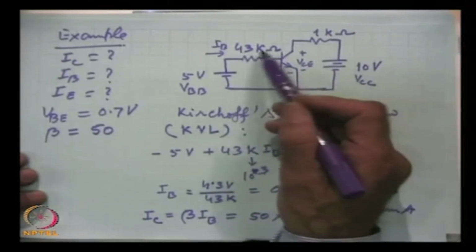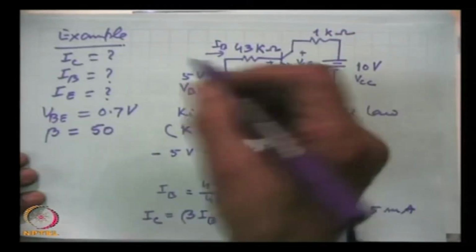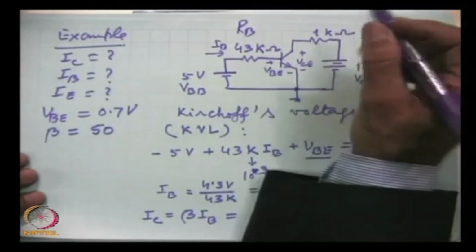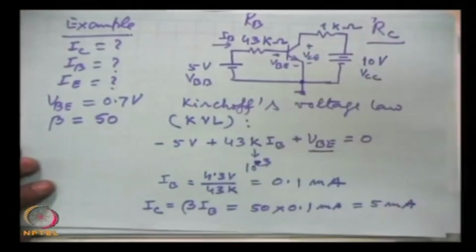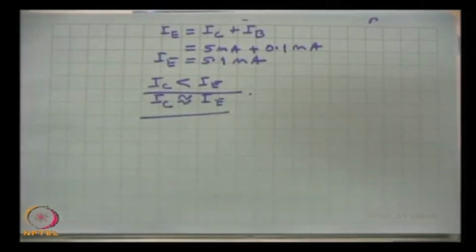Here this was the base resistance, normally written as RB, and this was the collector resistance, written as RC, and what batteries are used in the circuit. So, I am sure that it has added to your knowledge of how to handle these circuits. This is simply one example we have taken.